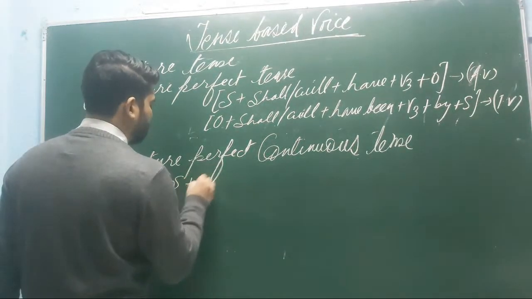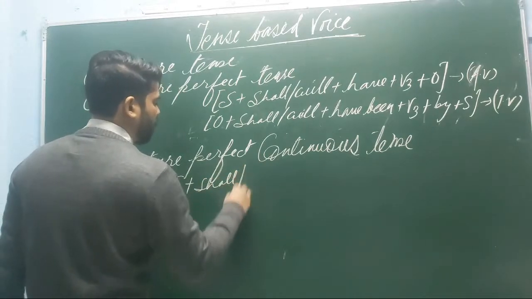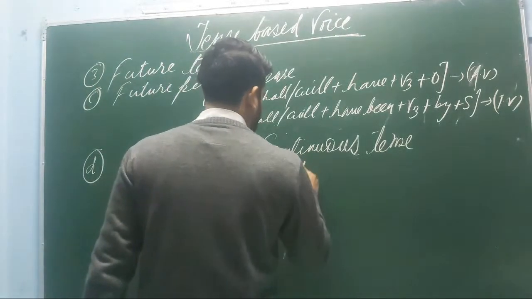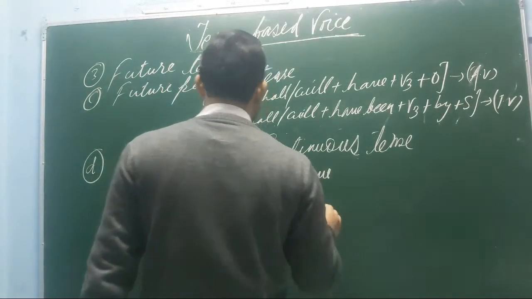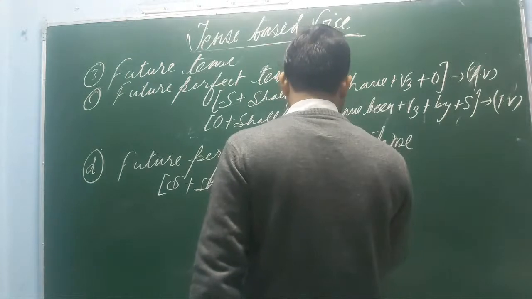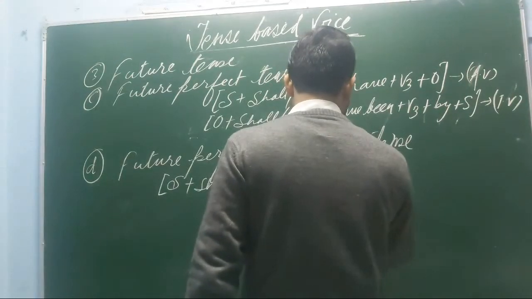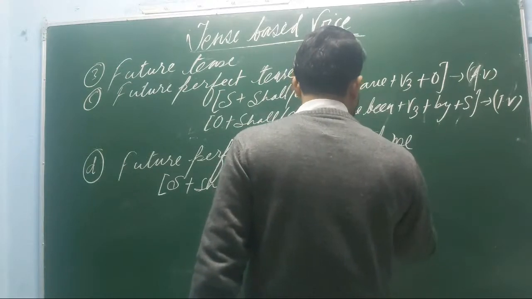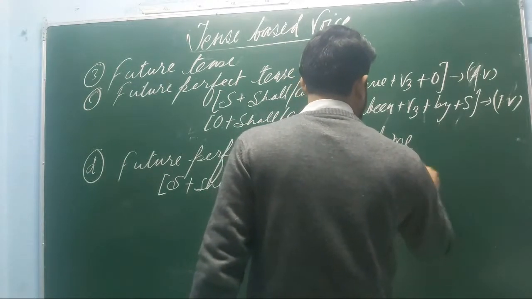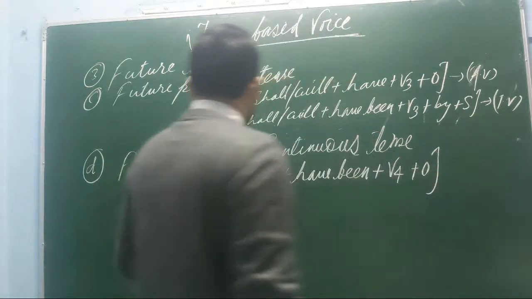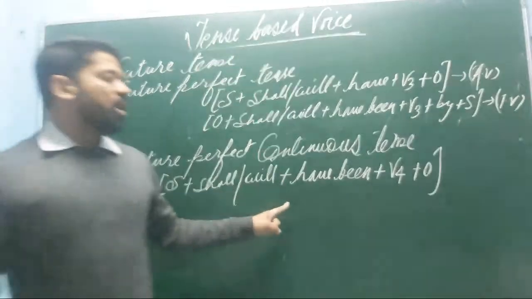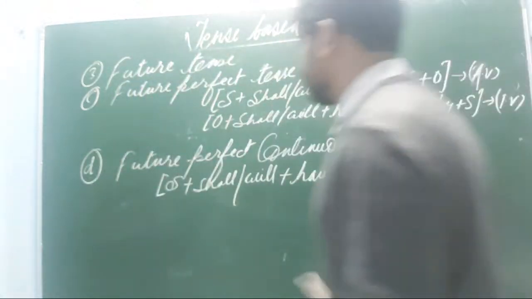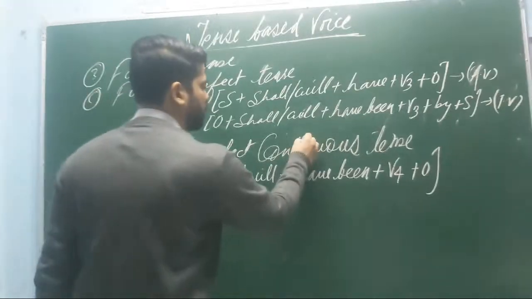It will be subject plus shall or will plus have been plus be4 plus object. Subject plus shall or will plus have been plus be4 plus object is the structure for the future perfect continuous tense.